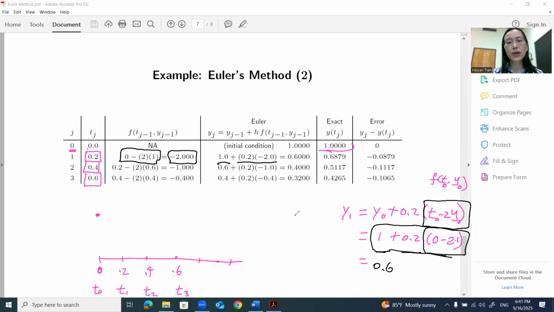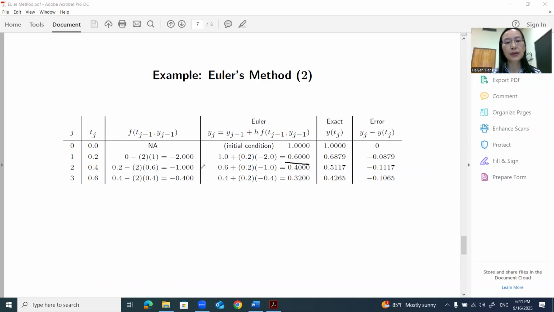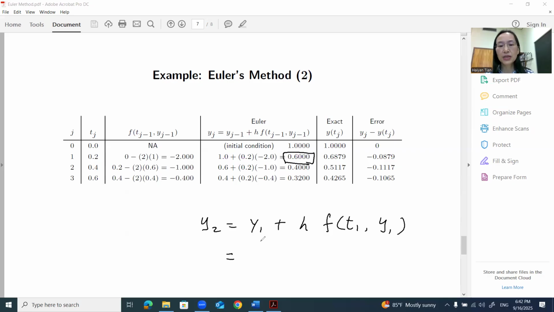Okay, so once you get Y1, you can continue to get Y2. From the table, you see we get 0.6 for Y1. And then how do I get Y2? Just continue to use the same algorithm: Y1, H, the function value at T1, Y1. Y1 we just found to be 0.6. What is H?